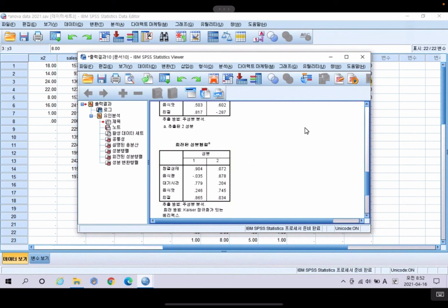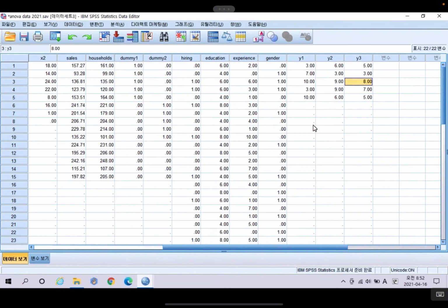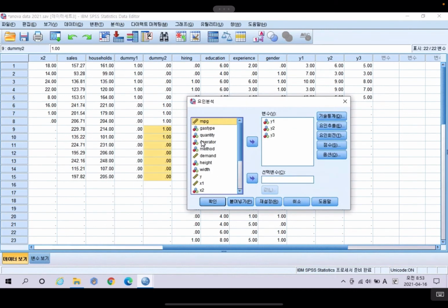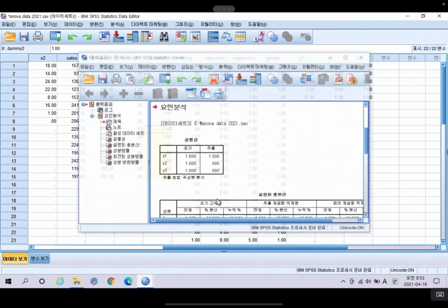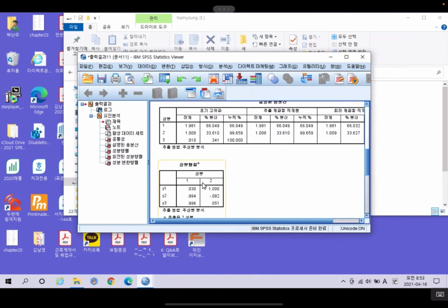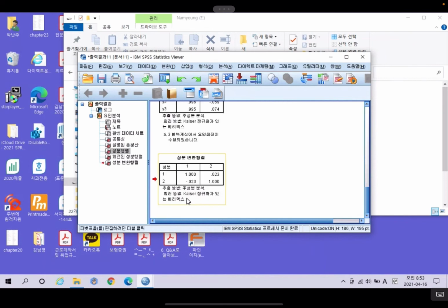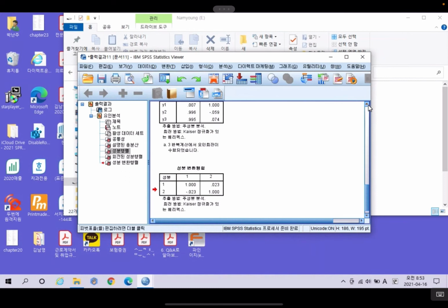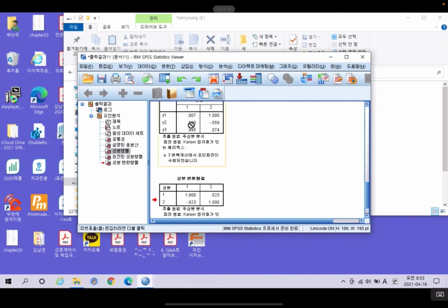Now, let me show you how to get the Cronbach alpha, right? So if you want to get the Cronbach alpha, you need to know which variables are grouped together, right? So once you do the factor analysis, you see that in this case, variable 2 and 3 are grouped together, right? I'll explain why these are grouped together.